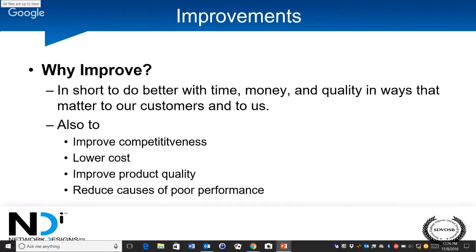It's also to improve our competitiveness. It is to lower our cost. It is to improve our product quality and reduce causes of poor performance. I know that in the past, we've all seen times when we've had poor performance and it doesn't go well. So in short, doing things the way that we do with CMMI, internalizing it and causing ourselves to look at ourselves and evaluate what we're doing, helps us to improve in all these areas plus more.